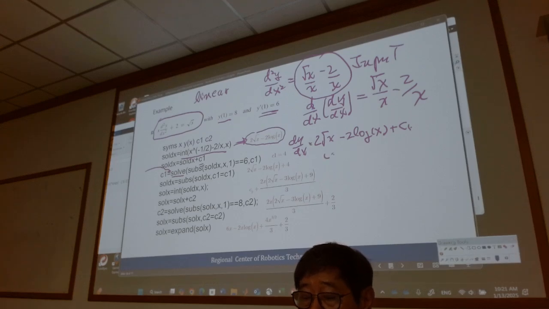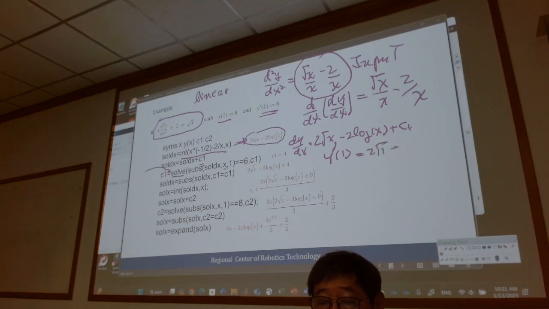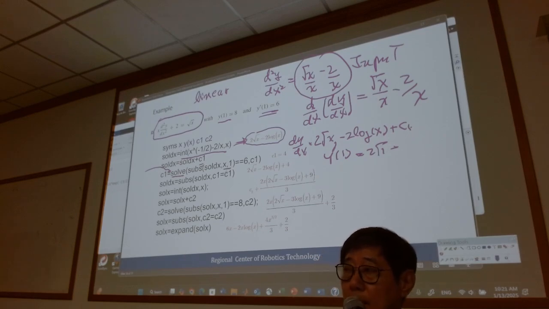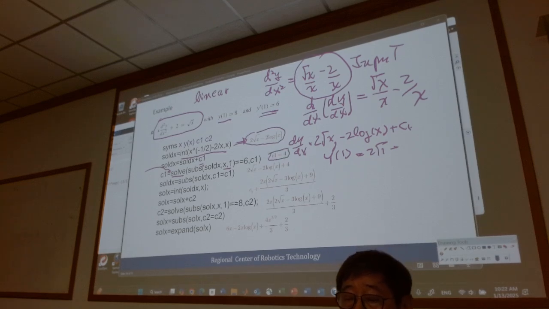Put x equal to 1, equal to 2. Substitute x with 1, okay, equal to 6. This one you can solve for c1 and c1 becomes equal to 4. So for integration you have this one.